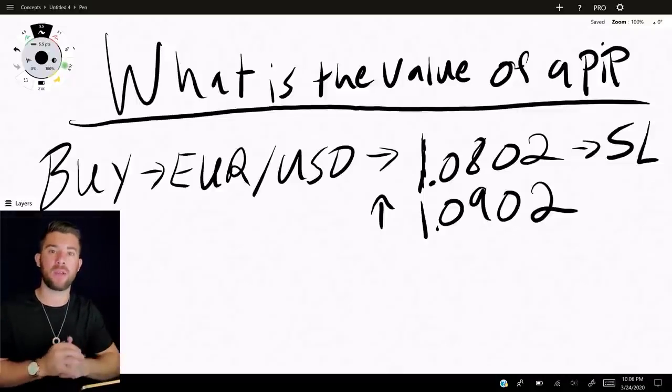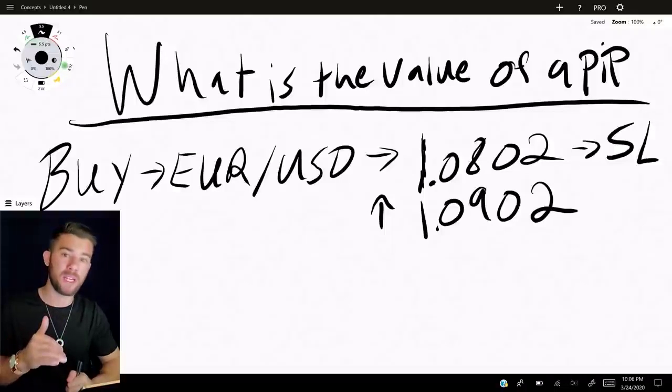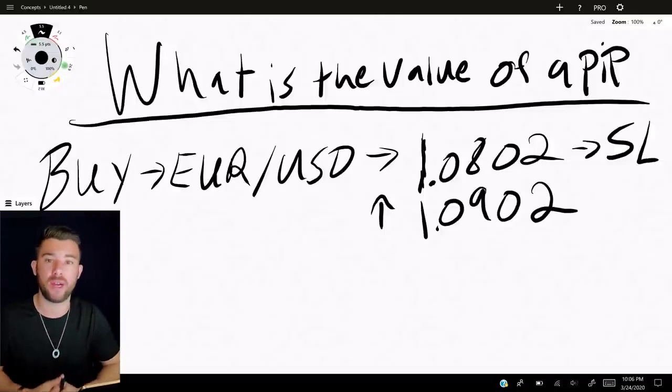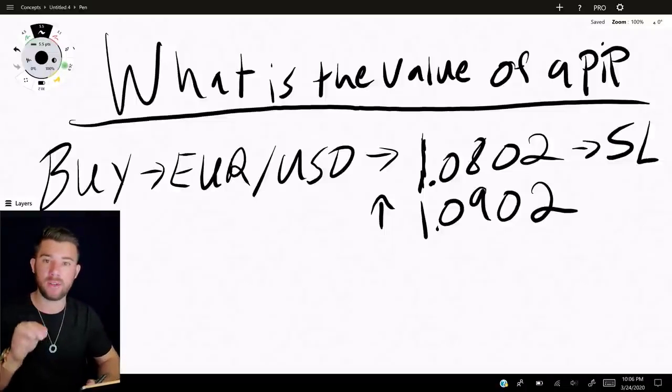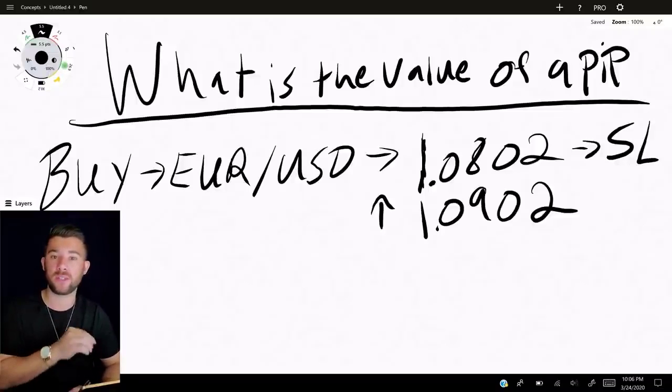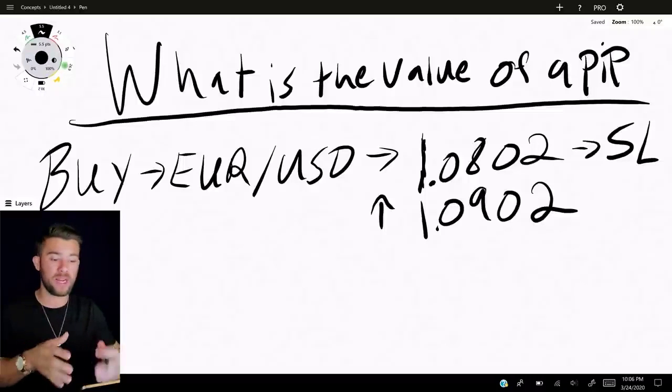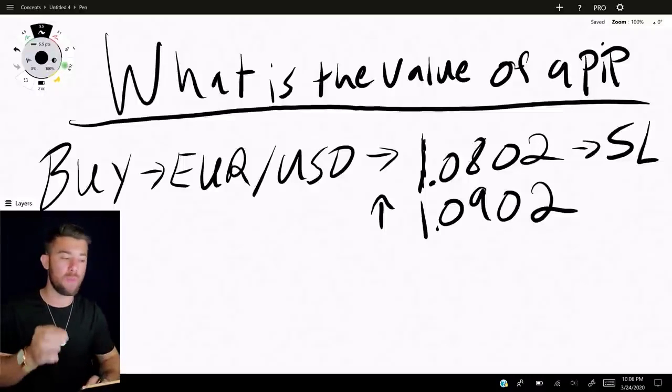How much money did we make? See if you can calculate how much money we made based on this trade. Remember, a standard lot is 100,000 units of currency, and with that on any pair ending in USD, we're making and losing exactly $10. The value of a pip is exactly $10.